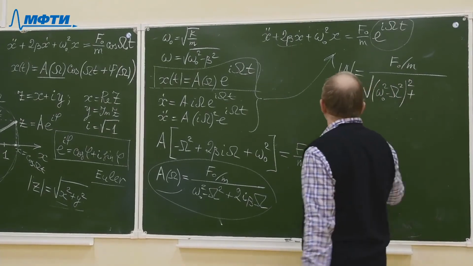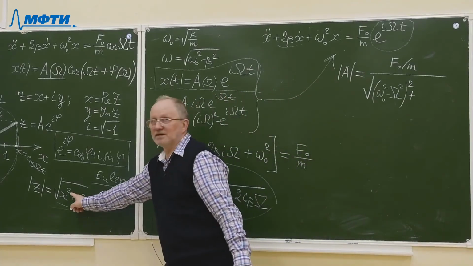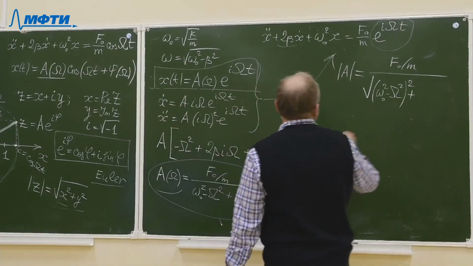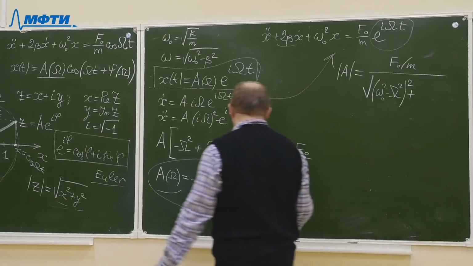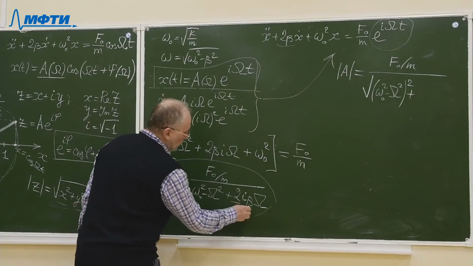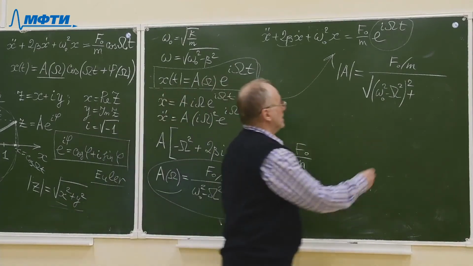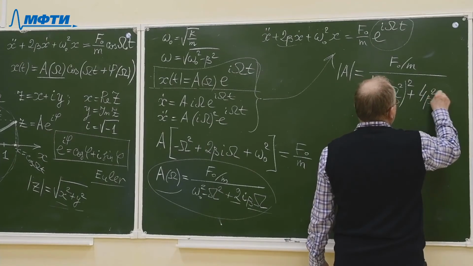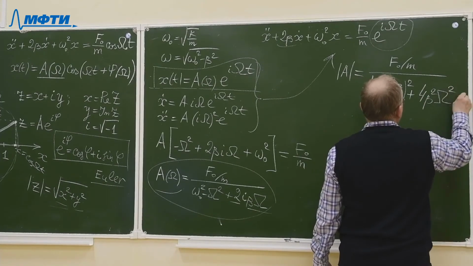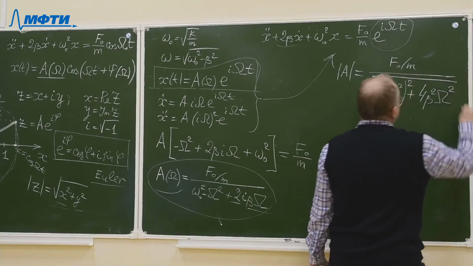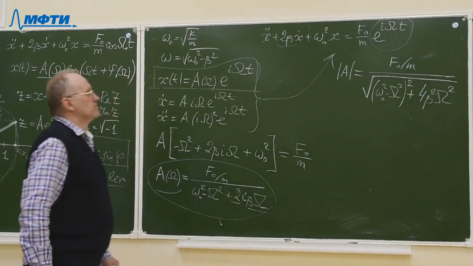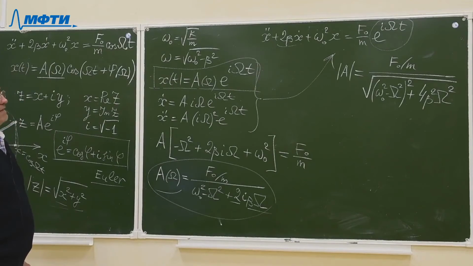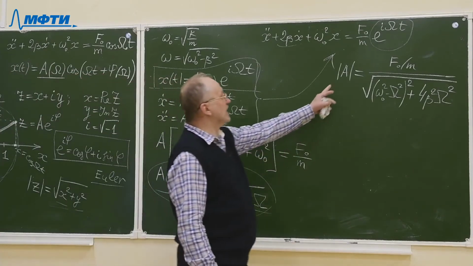Due to the Pythagorean theorem, I have to take this squared here, plus the imaginary part, and the imaginary part here is 2 beta capital omega, squared. So that will be 4 beta squared capital omega squared. All this is under the square root.